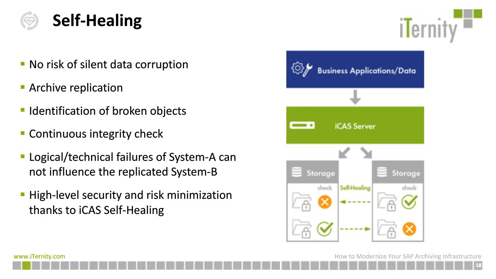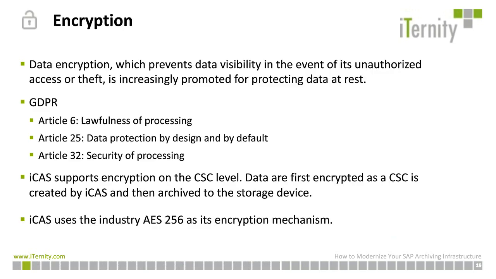The next feature I want to highlight is encryption, and encryption plays a large role in our GDPR compliance, encrypting the data at rest. ICAS supports this type of encryption on the CSC level, and since we try to follow industry standards wherever we can, that applies to the hash algorithm I explained before.